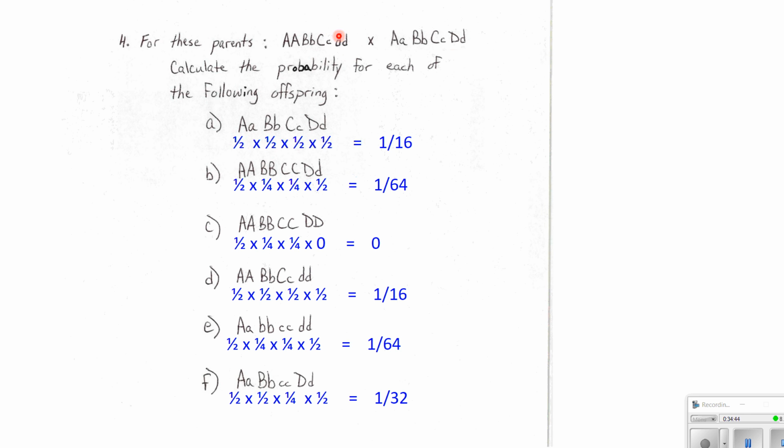The probability that this parent would pass down a big D is 0. So this is a 0 probability. That means there's no way this kid could ever be produced from these two parents. And of course, it doesn't even matter what these other fractions are, because when you multiply anything times 0, the product is, of course, 0.